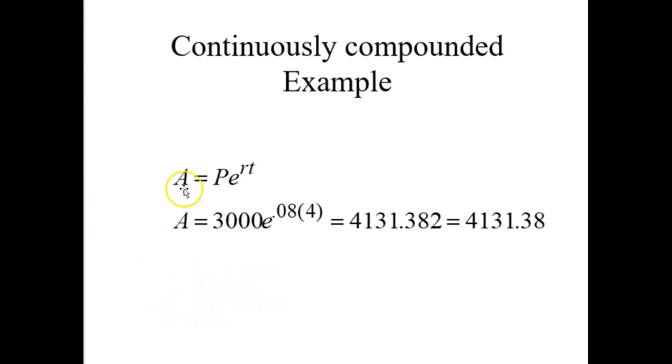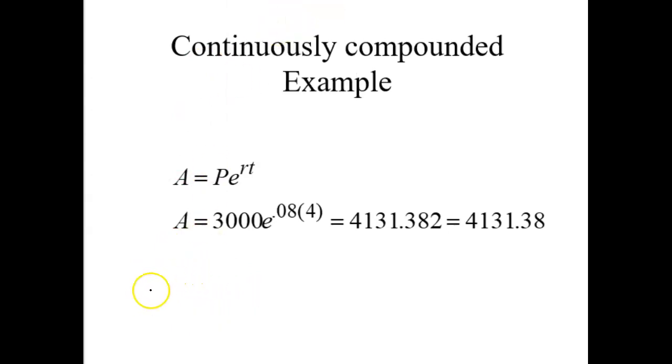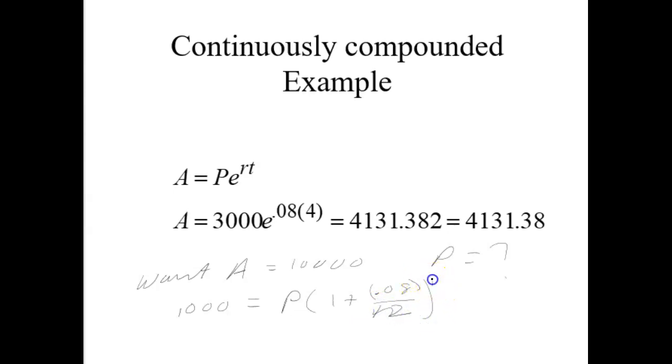The only other thing I could say, as a hint, is if instead you're told you want A to be some number, let's say you want A to be $10,000, and you've got to find P, what you have there is 10,000 equals P, and let's use the same interest rate we were using here, compounded monthly, we'll say, 1 plus 0.08 over 12, and you have 4 years, 12 times 4.